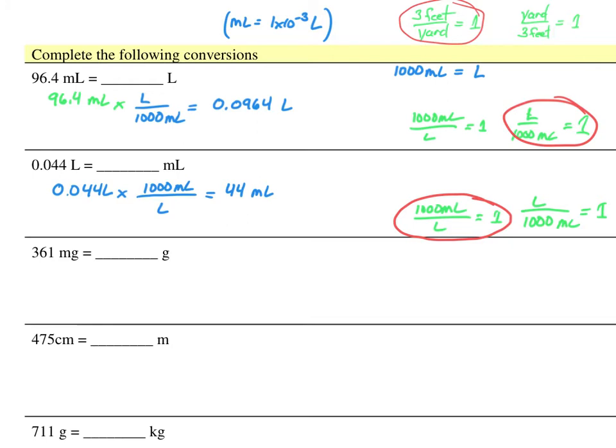Here we see the utility of the metric system, because the same relationship holds between grams and milligrams as holds between milliliters and liters, and that is that 1,000 milligrams is equal to a gram. So we can write our two conversion factors with equivalent quantities on both the top and the bottom.